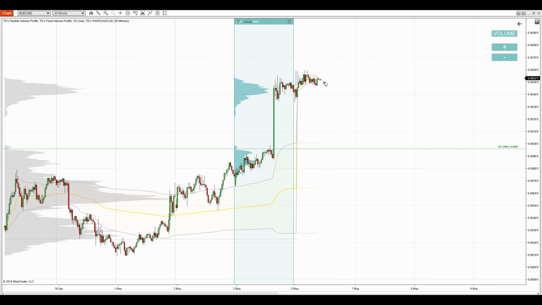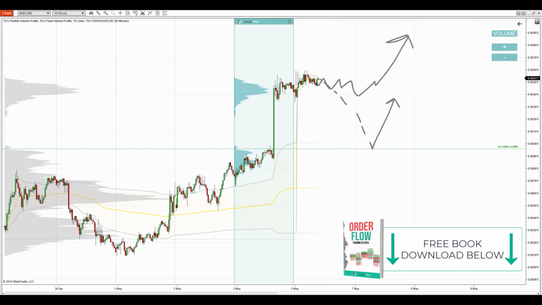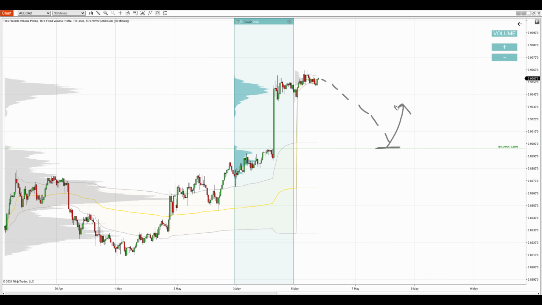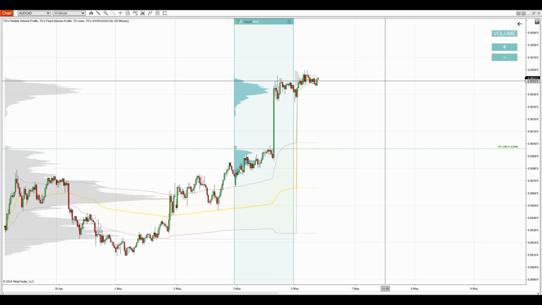So when there's a pullback, I expect the buyers to become active and push the price upwards from there again. Now, I'm not saying that there needs to be a pullback. Maybe the price will just go sideways or up. I don't know. But if the price comes back, then chances are there will be a reaction. All right. So that's for the Australian dollar, Canadian dollar.